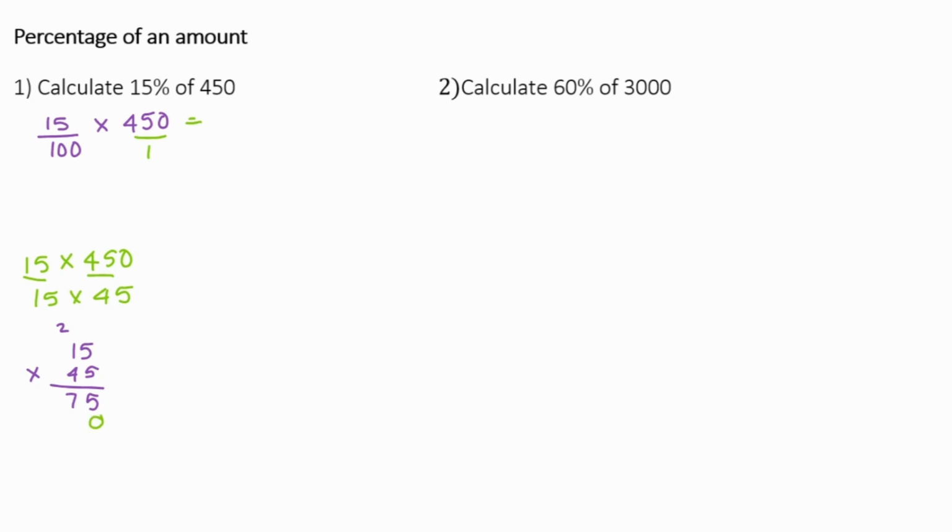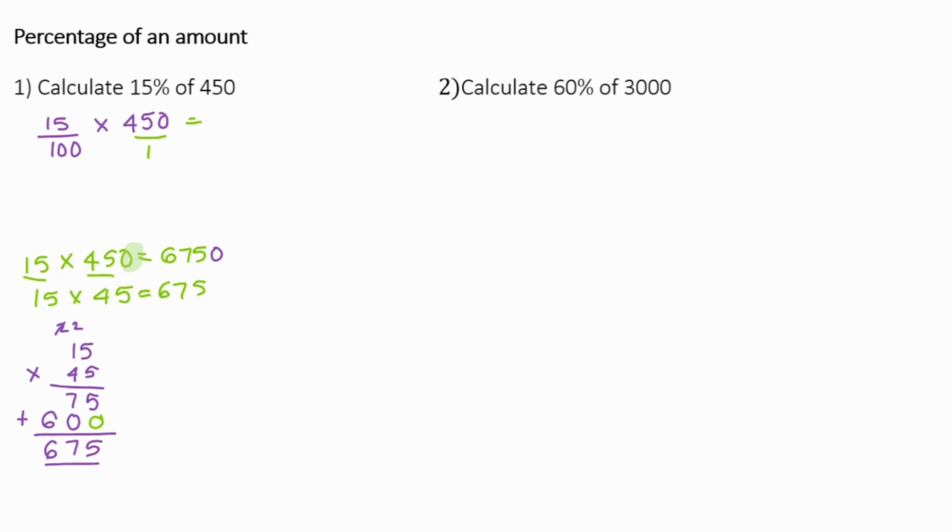I then put a placeholder and I multiply my 4 by 5, which gives me 20, carry my 2, and 4 times 1 is 4, add the 2 gives me 6. When I add this up, it gives me 675. So if 15 times 45 is 675, then for 15 times 450, I simply put that extra 0 onto the end of my answer.